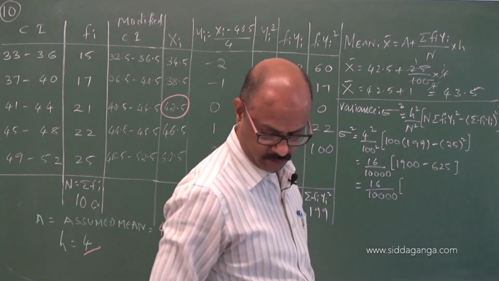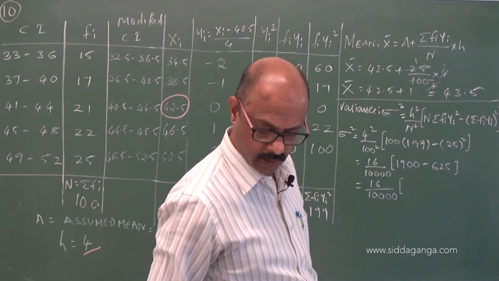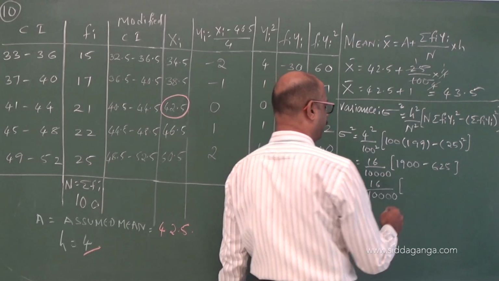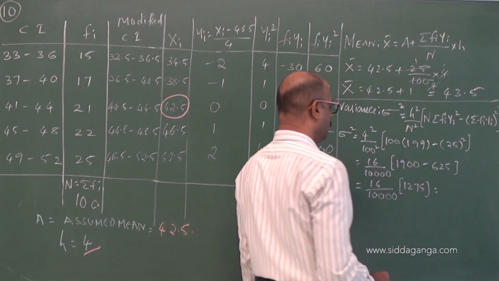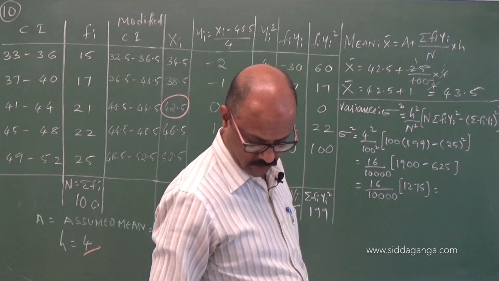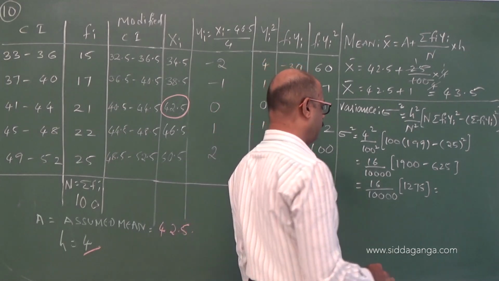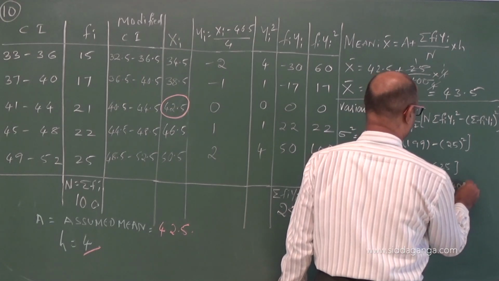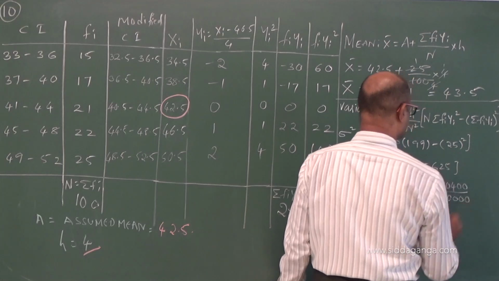If you subtract 625 from 19900, you will get 19275. If you multiply with 16, you will get 308,400 divided by 10,000.